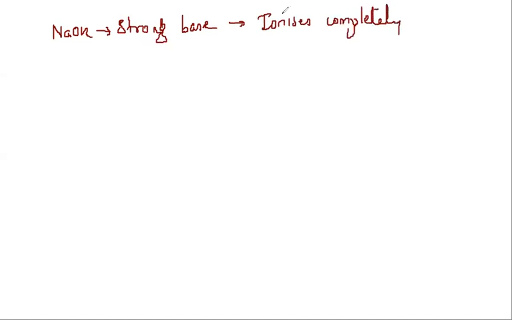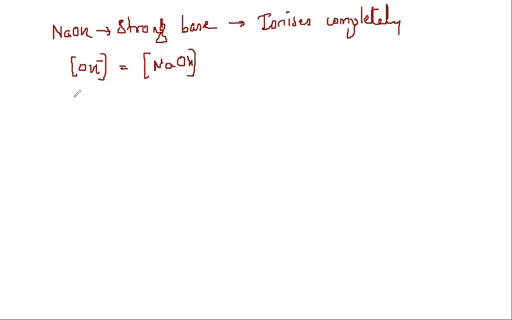Correct or no? It ionizes completely. Thus, the hydroxyl ion concentration is equal to that of the base itself. How much concentration of NaOH you have taken, that much OH minus ions you'll get. Yes or no? So it is equal to the concentration of NaOH since it is a strong base.